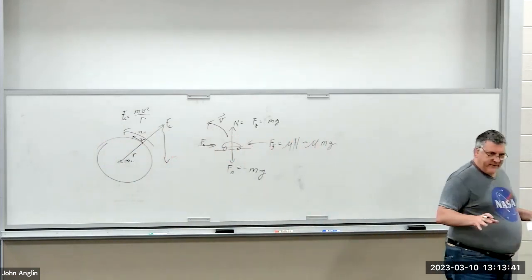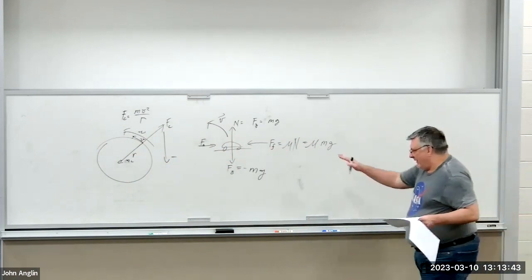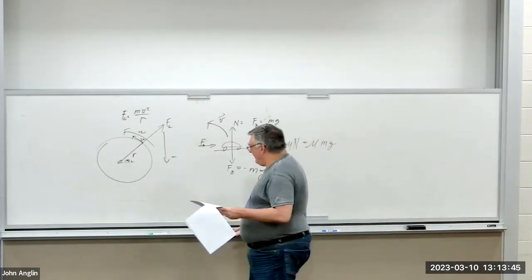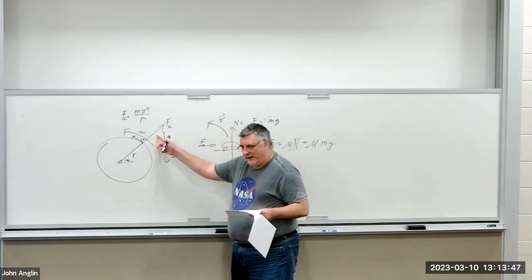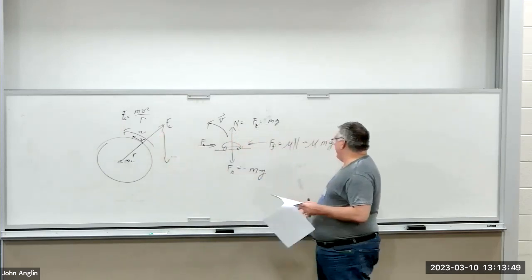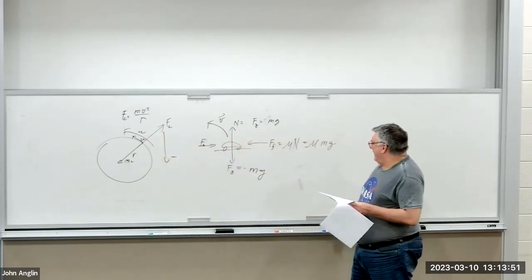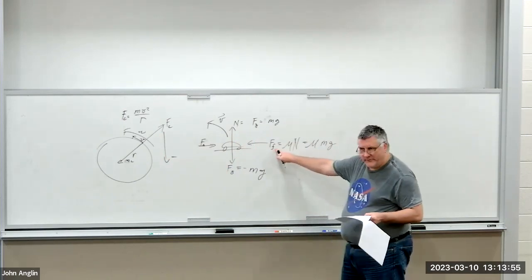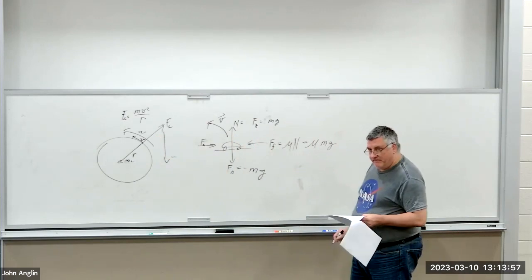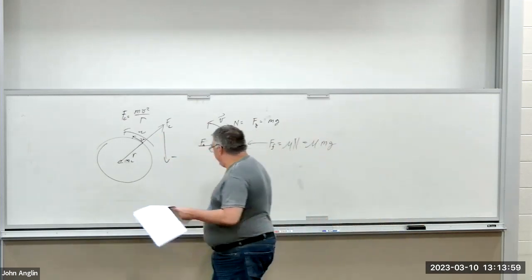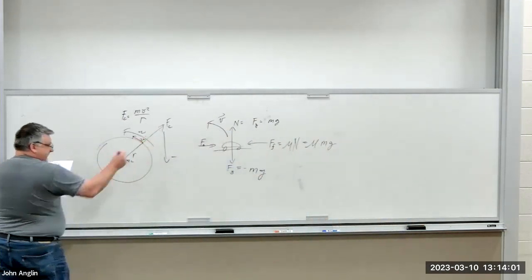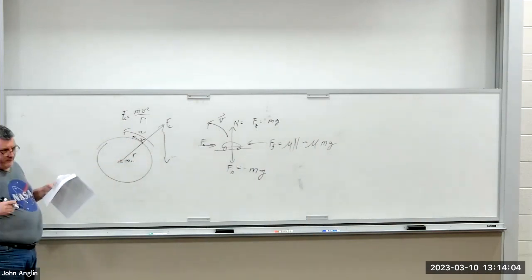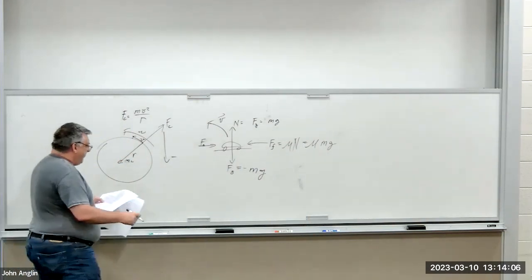For the car to stay on the track and not move up or down, the value of the centrifugal force and the value of the frictional force have to be equal. If they're not, then you get oscillation towards the center or away from the center. This is exactly what we don't want to happen.